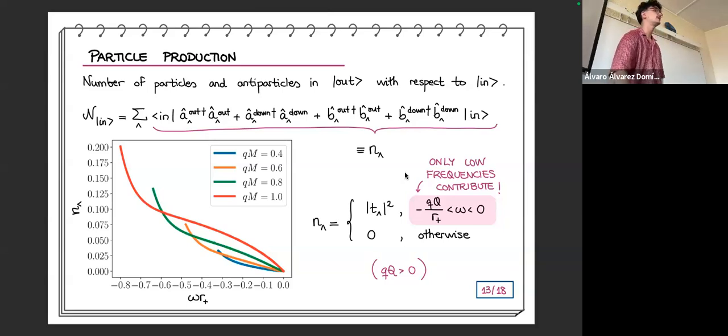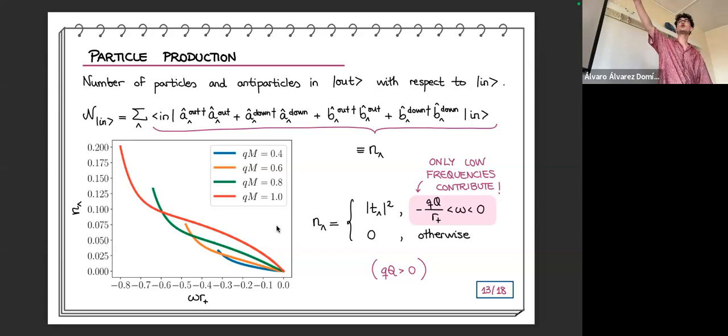Now, we can numerically compute the excitation of the modes, and what we find is this picture. This figure makes sense because we only have excitation of particles for frequencies inside that interval. For omega equal to 0, the plane wave doesn't have enough energy to produce and create particles.